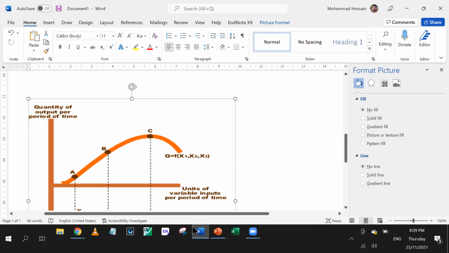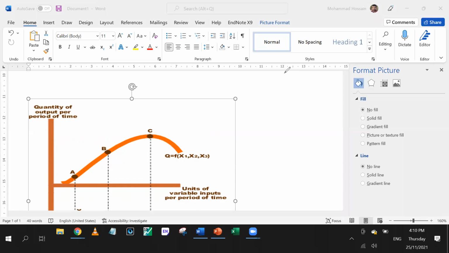Another interesting part I would like to add here is this one. Let me do some annotations. Look at this point, this another point. What I would like to draw your attention to is that from point A, the input is this much, but output is not that much.